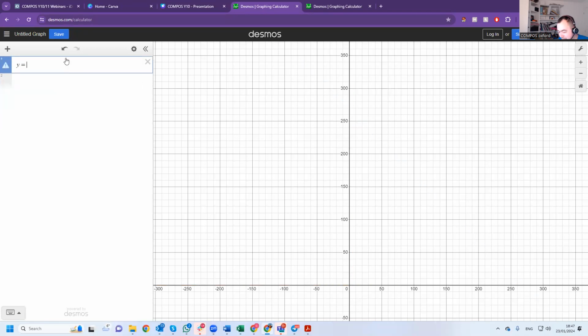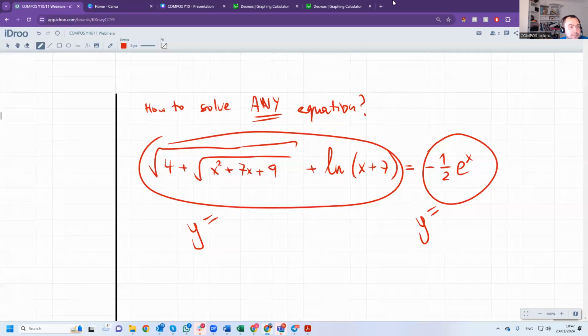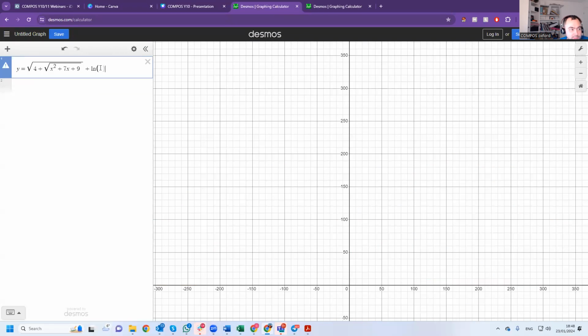So y is equal to the square root of 4 plus the square root of x squared plus 7x plus 9, plus the logarithm of x plus 7.